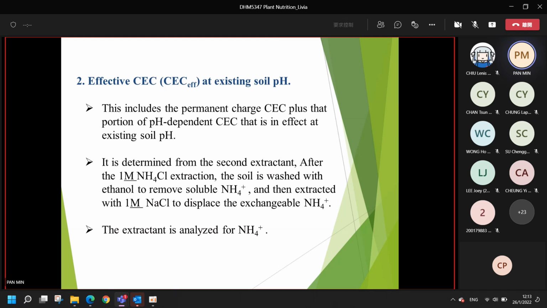And another method is used to predict the effective CEC, which means the part of the cation exchange capacity that can be used for plant growth, that can be used by the roots of the plants.